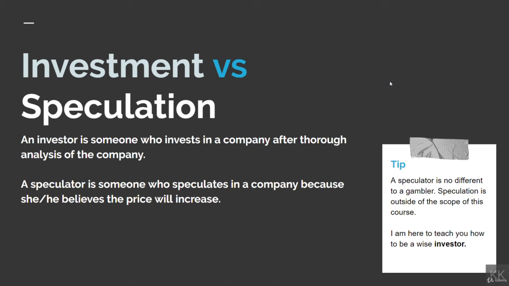A speculator is no different to a gambler. Speculation is outside of the scope of this course. I'm here to teach you how to be a wise value investor, someone who only invests in a company after thorough analysis of the business and what it is worth. We will get to that in a later stage, but it is crucial that the distinction is made upfront.